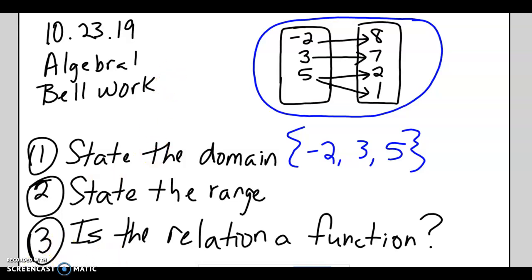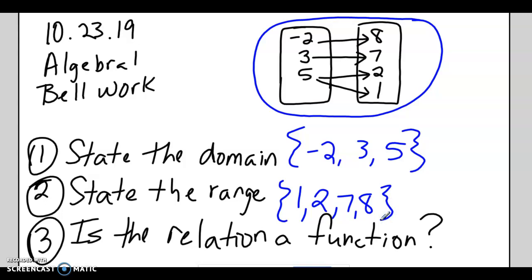What are the values for the range, Talon? One, 2, 7, and 8, and the proper form is to put it lowest to highest value when we're stating domain and range.